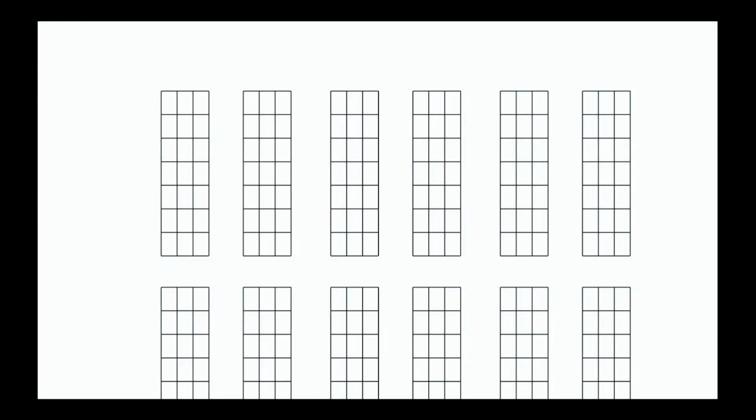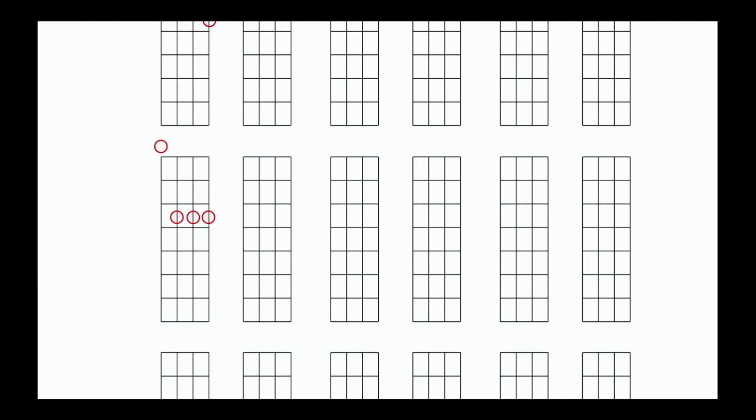Okay, so let's go ahead and write in those chords that we learned. We learned how to play a C, C minor, and a C7. So let's start with the C. There's our C chord. Here's our C minor chord.